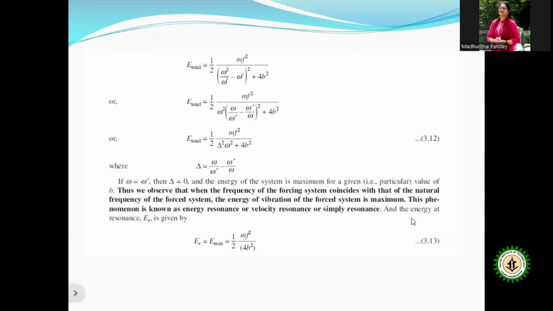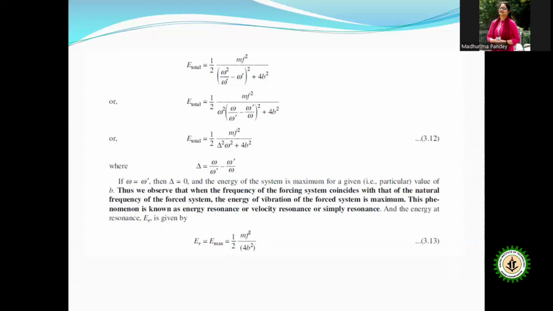So what is the resonance condition? You can see the bold line. We will observe that when the frequency of the forcing system coincides with the natural frequency of the forced system, the energy of vibrations of the forced system is maximum.